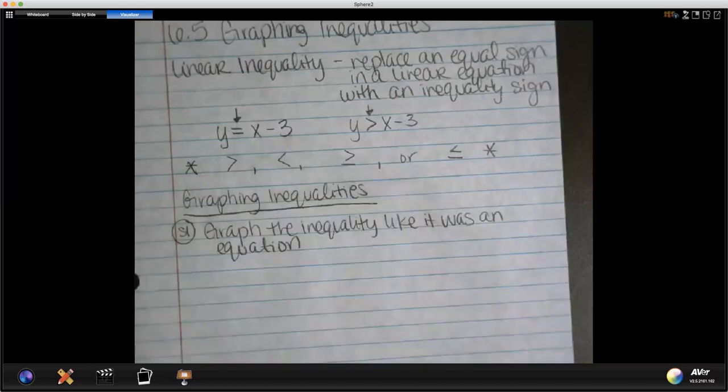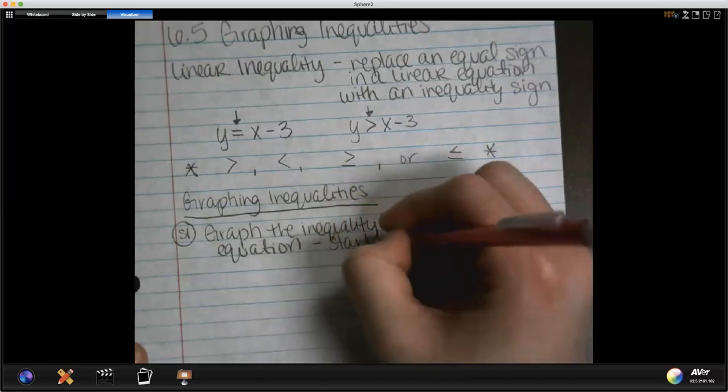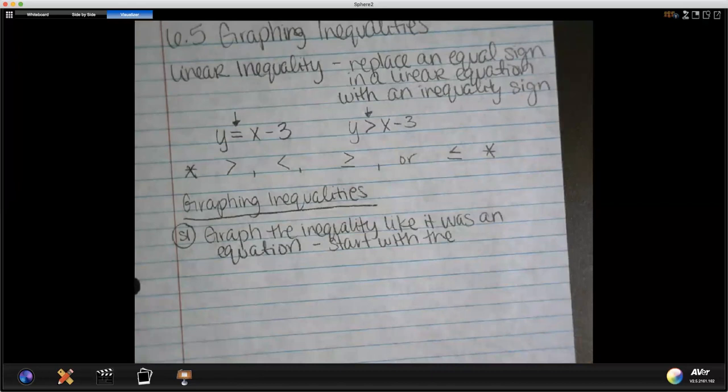So the first step is just to graph it like it was an equation, meaning you're going to start with the, what do we start with when we graph? What do we start with plotting first?